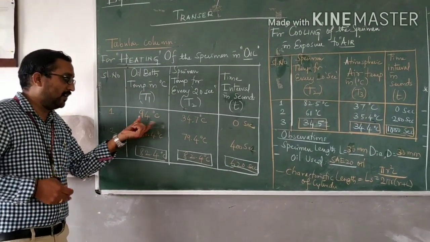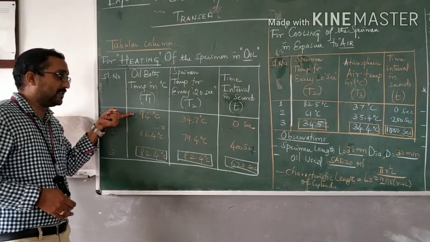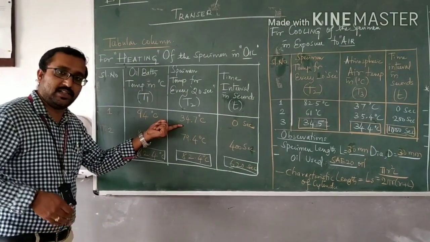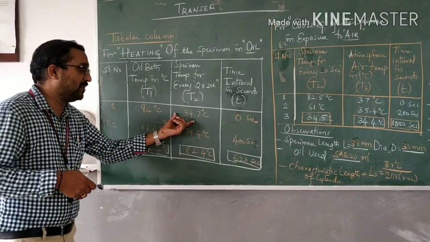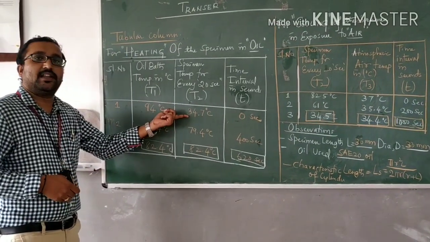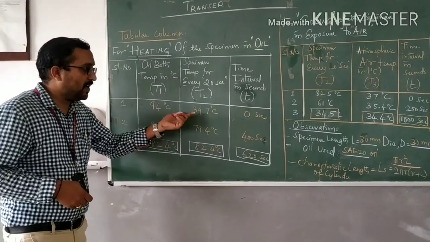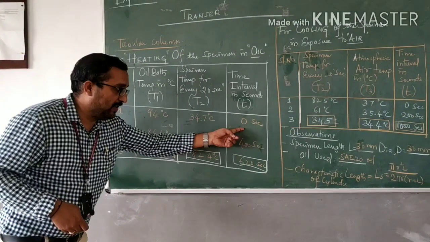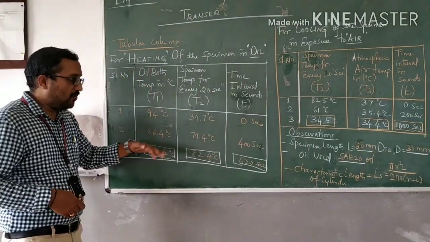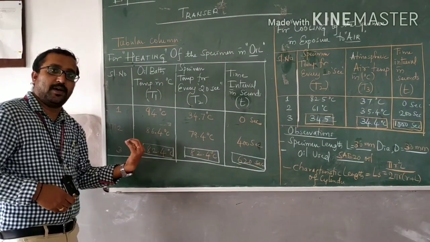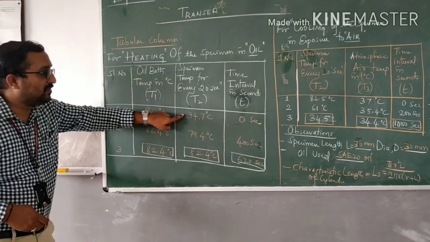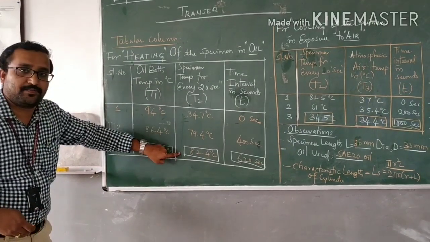Initially the hot oil is at, let us say, 94 degrees Celsius. The specimen temperature, which is the atmospheric temperature of the specimen before inserting it into the oil, is say 34.7 degrees Celsius. That is at the start of the experiment, so I have written 0 seconds. As time progresses, when the specimen is placed into the oil bath, you will see the temperature of the specimen keeps increasing.